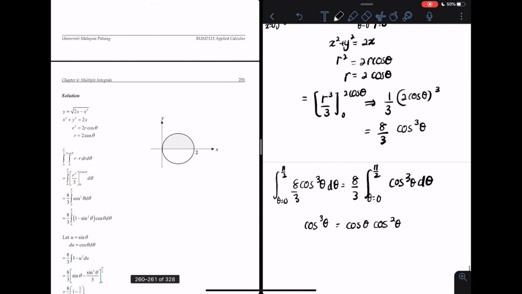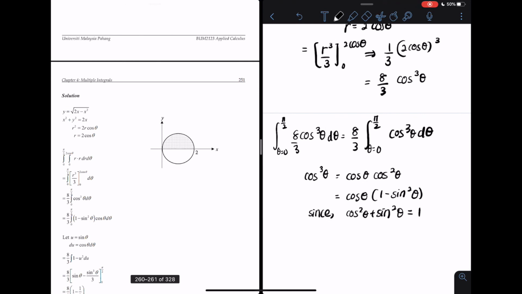And then you can rewrite it in terms of cosine theta times 1 minus sine squared theta, since cosine squared theta plus sine squared theta equal to 1.